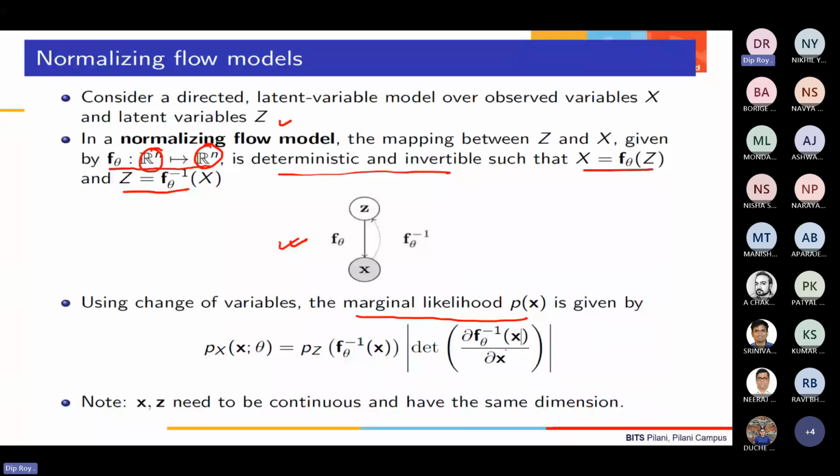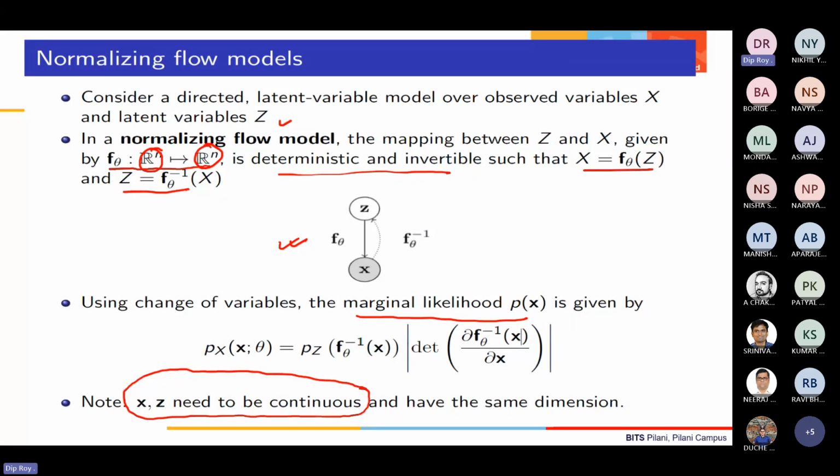The only thing that we need to be careful about is that this entire normalizing flow model is based on continuous data. It is not applicable to discrete data. For discrete data, we have some other methodology, but this entire machinery is only applicable for the continuous case.